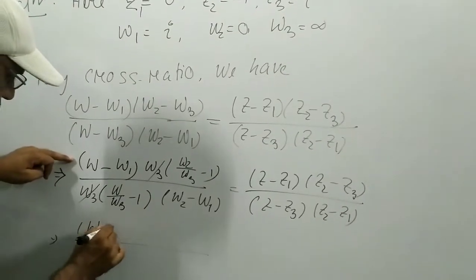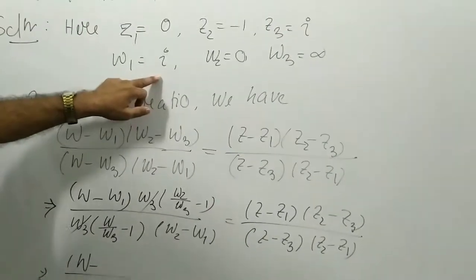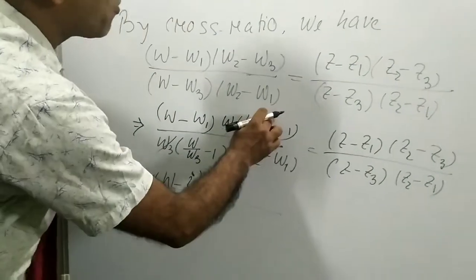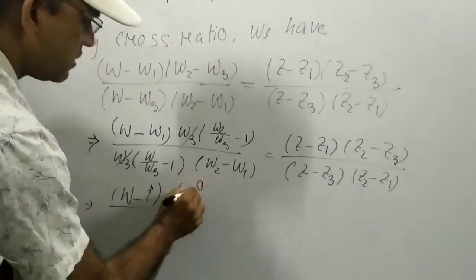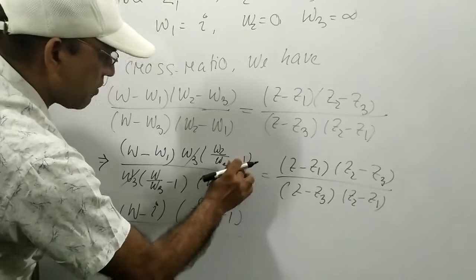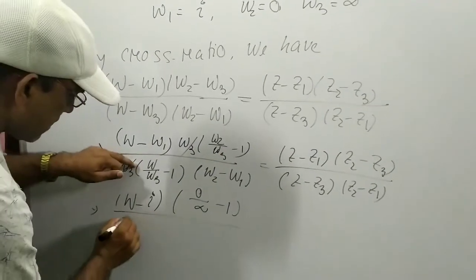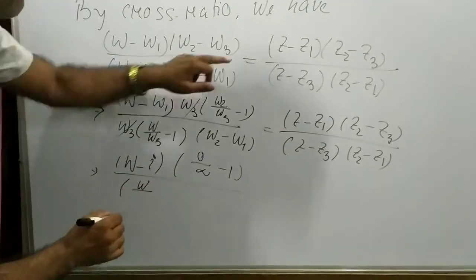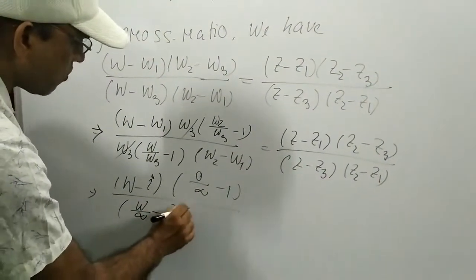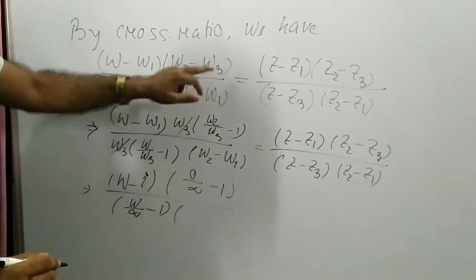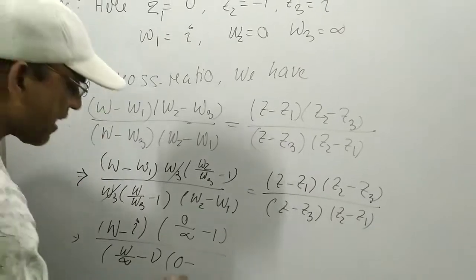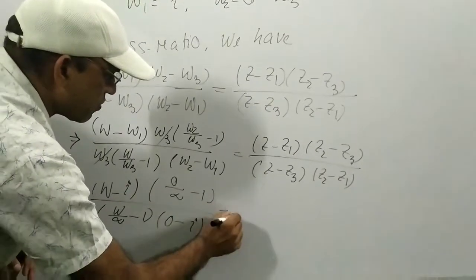w minus w1, w1 is i, we put i. And w2 means 0, 0 by w3 which is infinity, minus 1, and w by w3 with w3 infinity, minus 1, w2 means 0, and w1 means i. These are the values of w1, w2, w3.